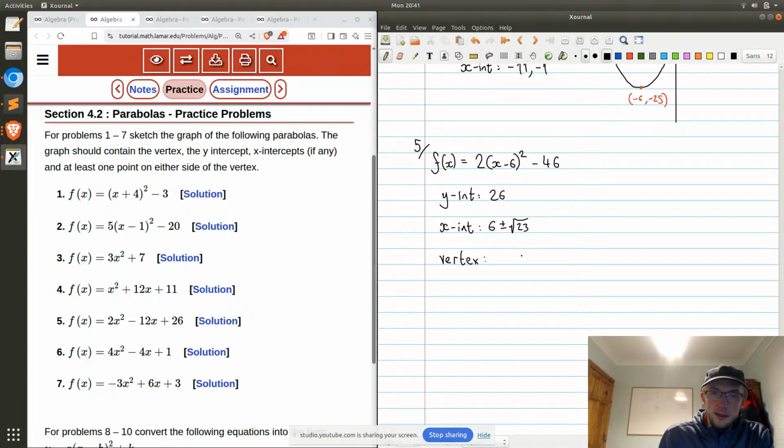And the vertex, that should be 6 comma negative 46, if I did the calculation correct. And so let's try.